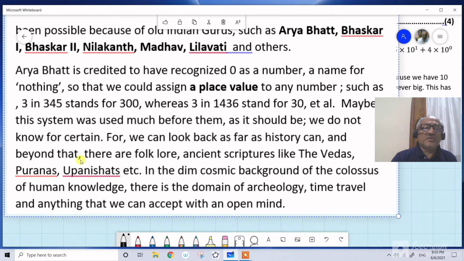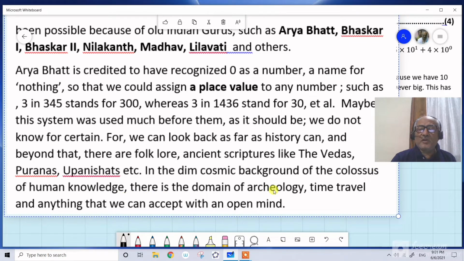So we do not know for certain whether before those gurus this was in force or not, because we can look as far as history can, and beyond history there is only folklore or ancient scriptures like the Vedas, the Puranas and Upanishads, and in the dim cosmic background of the colossus of human knowledge, that is the domain of archaeology.